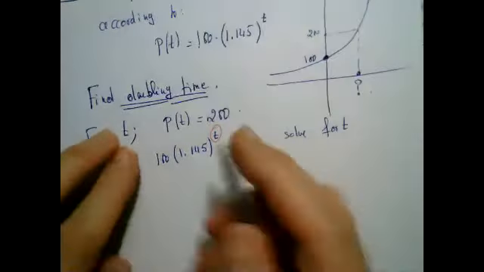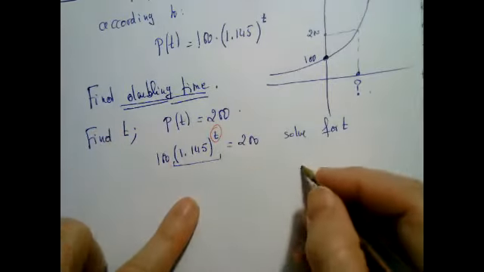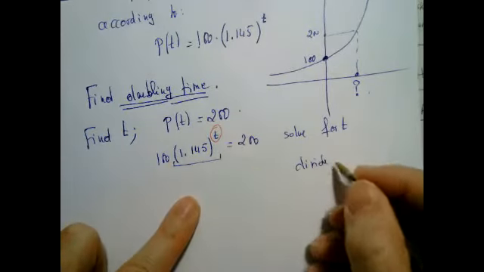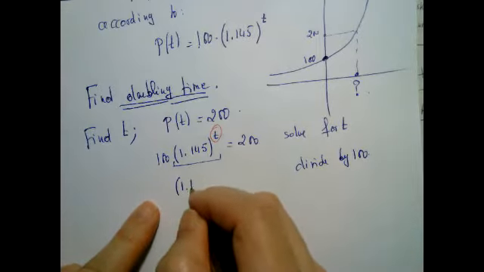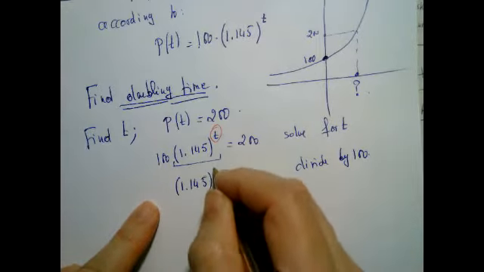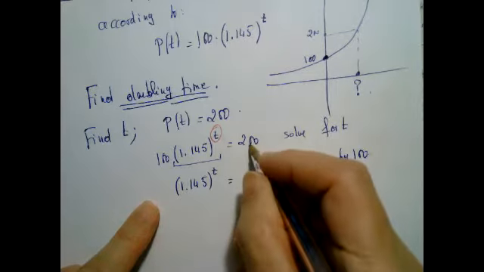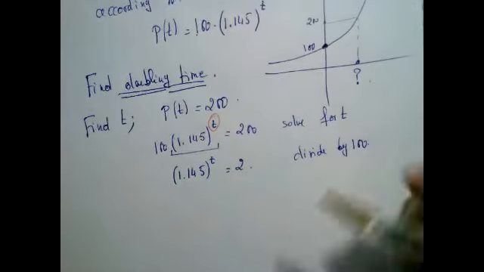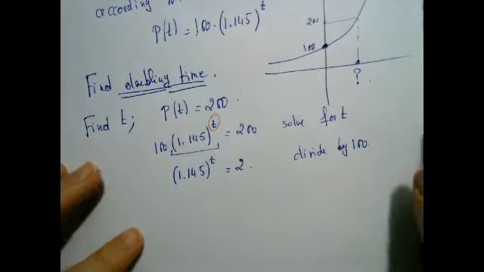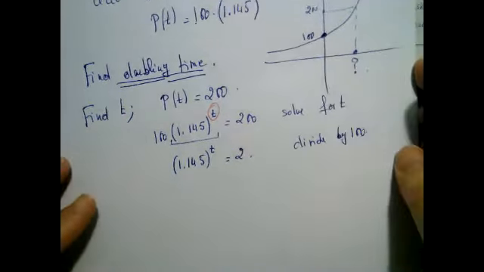So I isolate my exponential term by dividing by 100. Then I will have 1.0145 to the power t, if I divide this by 100, is equal to 2. So finding the doubling time or the half-life is not actually, once we understand the meaning, it's not really hard.